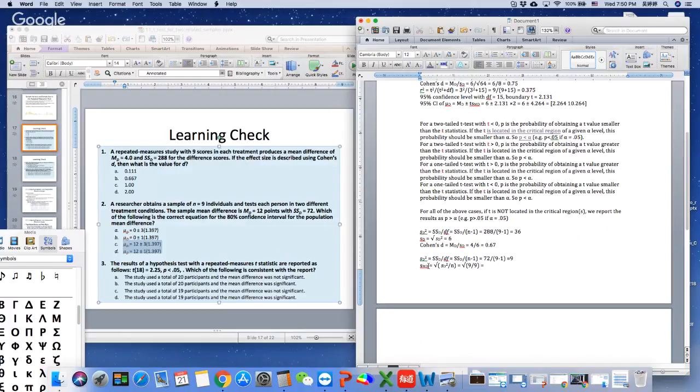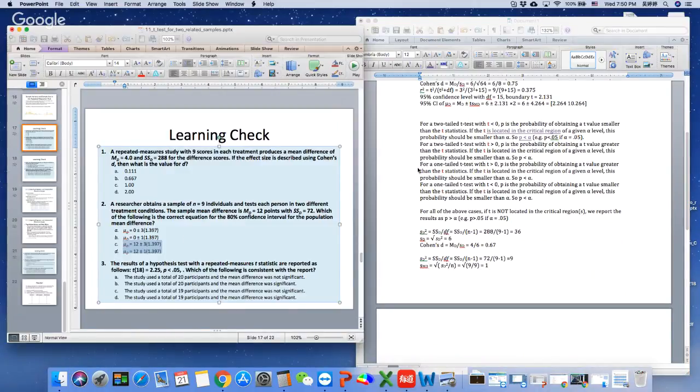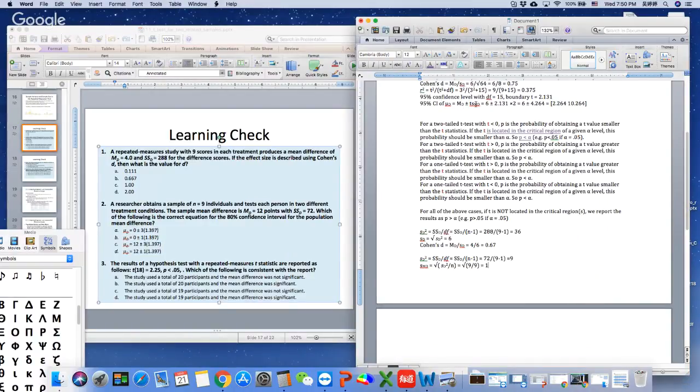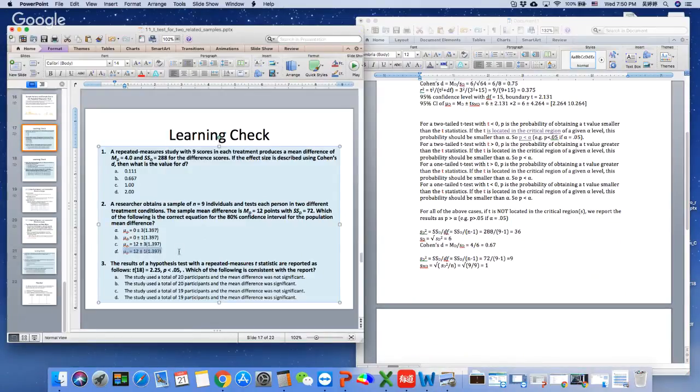So we know the SMD equals 1. So we know the MD, we know the T, and we know the SMD. So the correct choice is D.